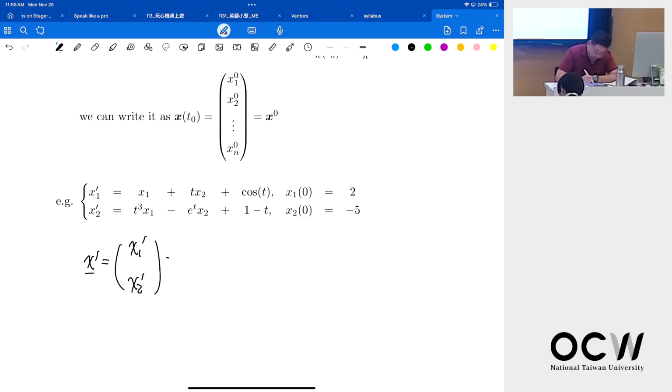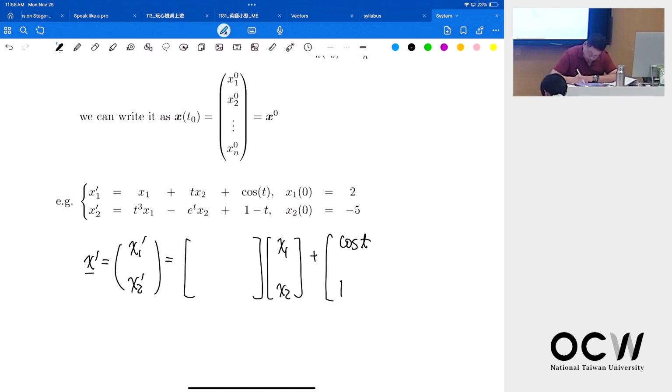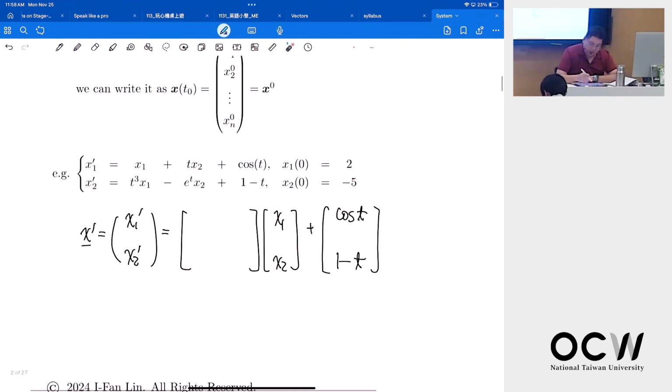What is the matrix A? All right, again, what is the matrix A? Okay, e to the t cubed minus e to the t.